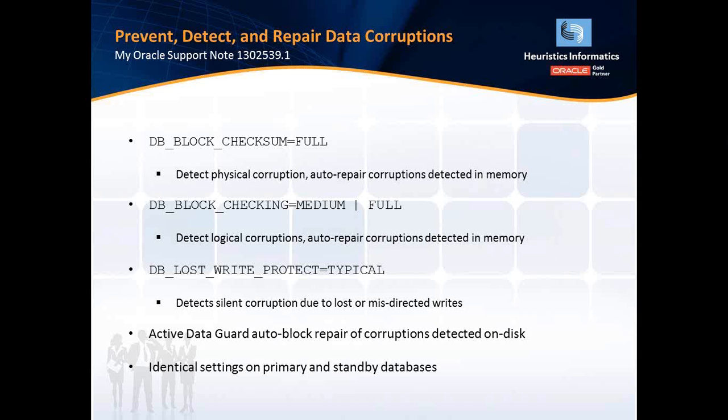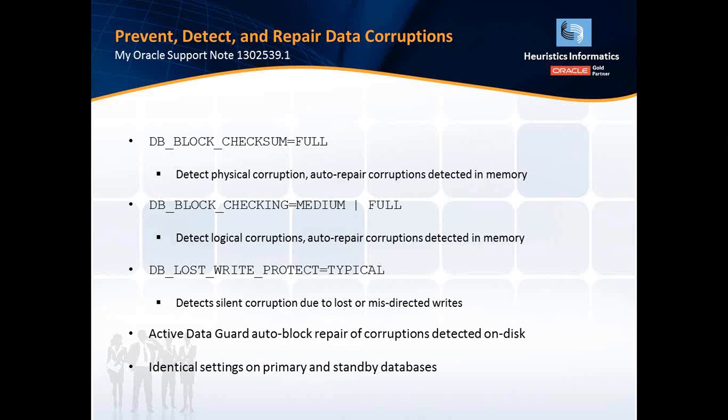Configurations that can help us detect, prevent, and repair data corruptions. These are all features of the Oracle database itself that can detect physical corruption within the database. And if the physical corruption does happen, it can repair that corruption automatically.